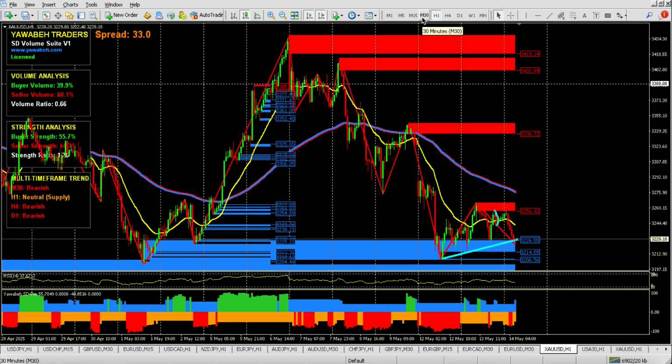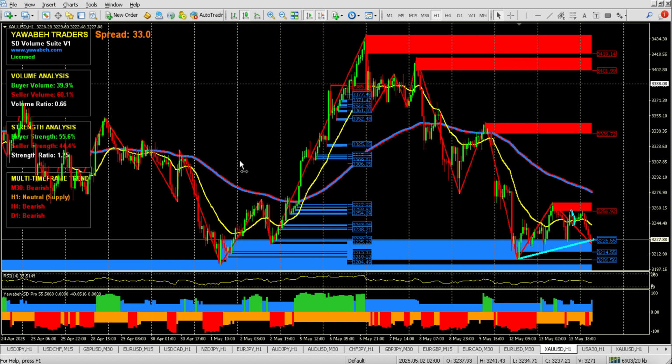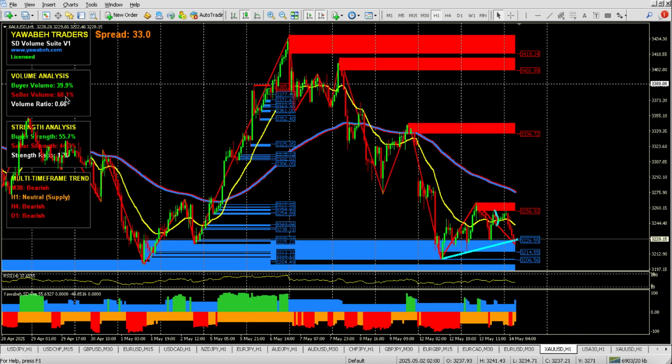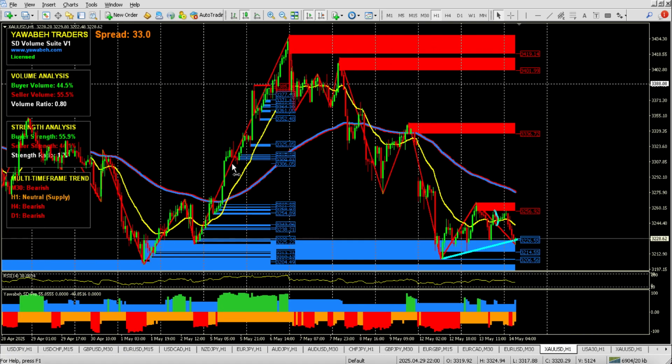It is still not our requirement, which is how I explain this indicator works, that the volume should be 60 or above 60% and the strength of the signal should also be at the same level. So once you see there's a big difference between these two panels, that means you shouldn't enter the market.